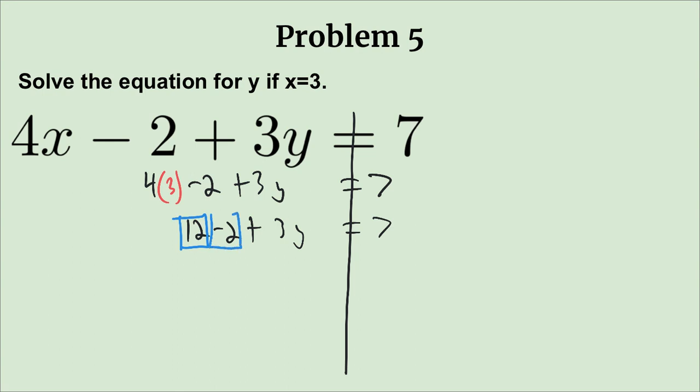Combine like terms. We get 10 plus 3y equals 7. Subtract 10 from both sides. 3y equals negative 3. And divide both sides by 3. Y equals negative 1.